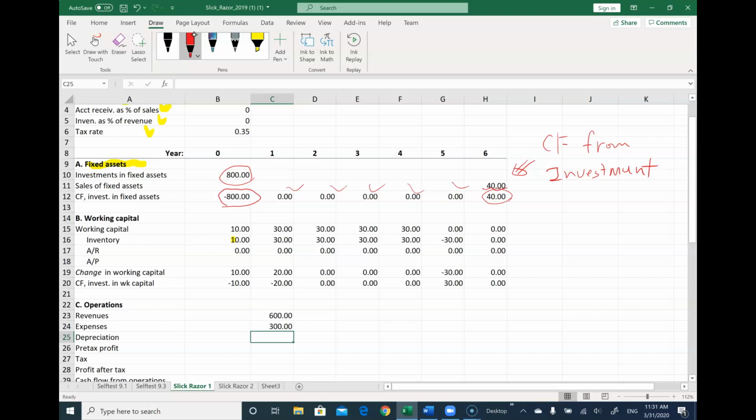Okay. The second section is the working capital section. So this is investment in the working capital. And working capital, as you remember, is current asset minus current liability.